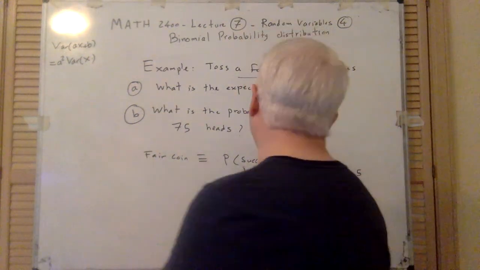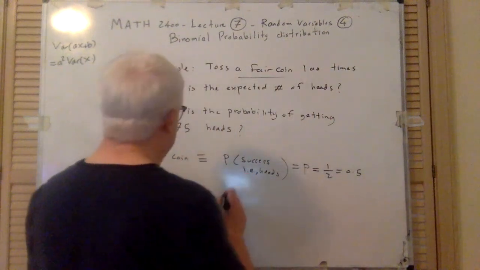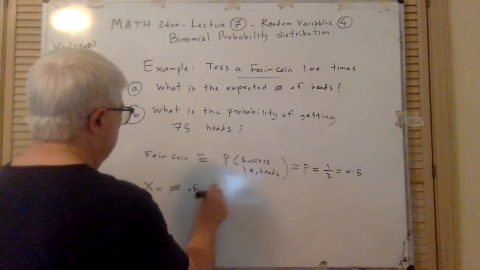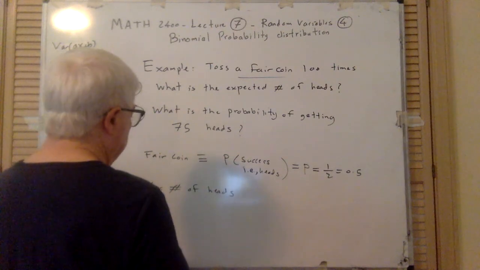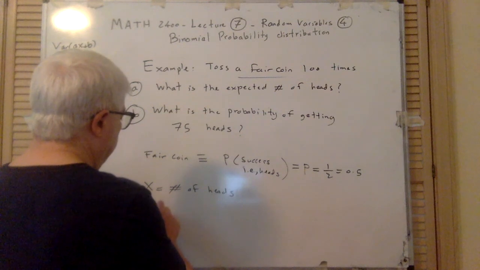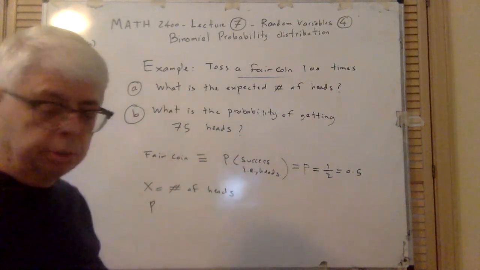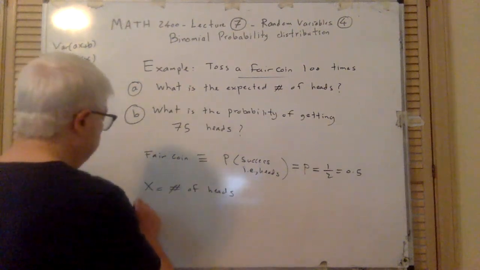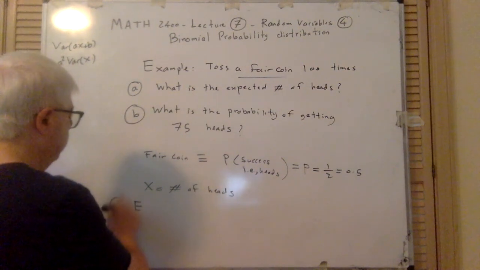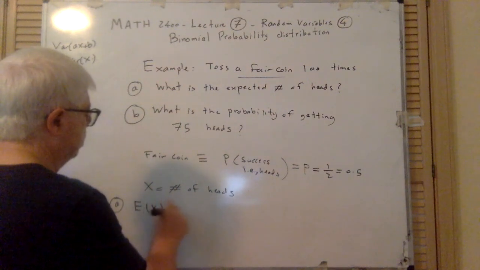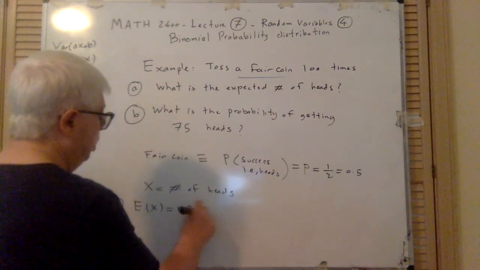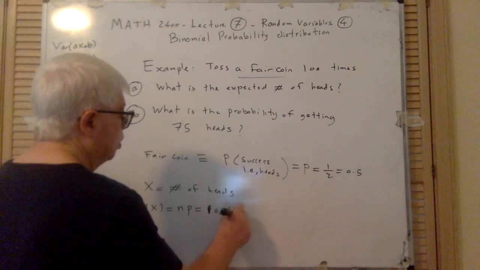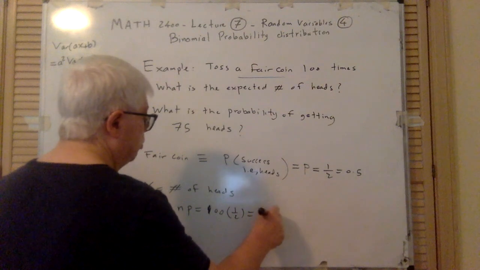So if x is the number of heads, then the expected value of x, that's part A, is simply np, which is 100 times 1/2, which is 50.